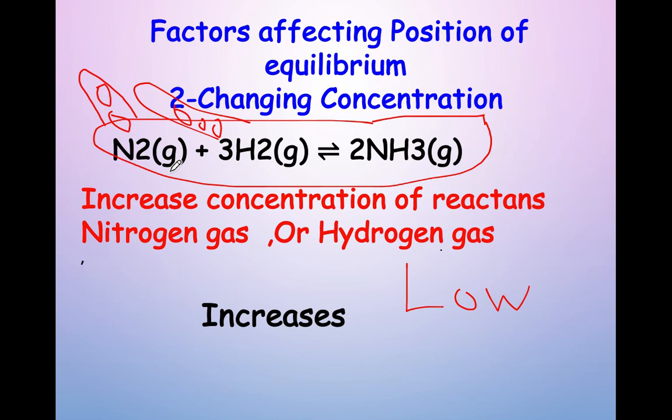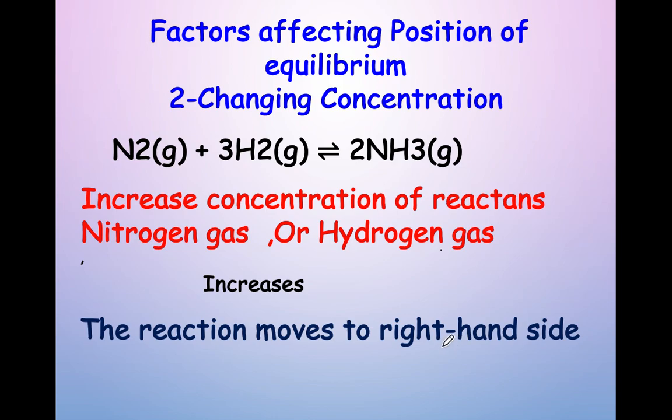Is it at the left side or the right side? Of course, there is no hydrogen or nitrogen here, so increasing the concentration of the reactants will lead to the right. There is no concentration here, so it will go to the low. So increasing the concentration of nitrogen or hydrogen will let the reaction move to the right hand side.